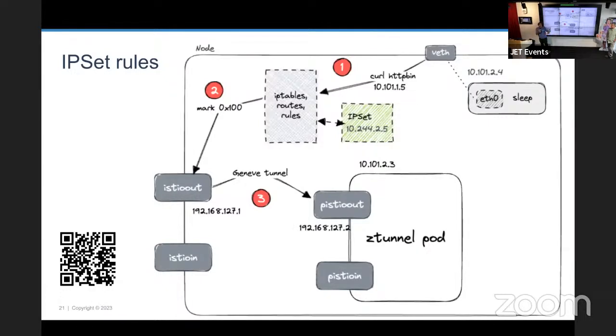And eventually, if the httpbin pod exists on another node, there's a tunnel between the Ztunnels. It's called HBONE. It's a multiplex tunnel between all the Ztunnels in the cluster, and the connection goes through that, and the Ztunnel will happily connect the pods together. And that's how you do mutual TLS.